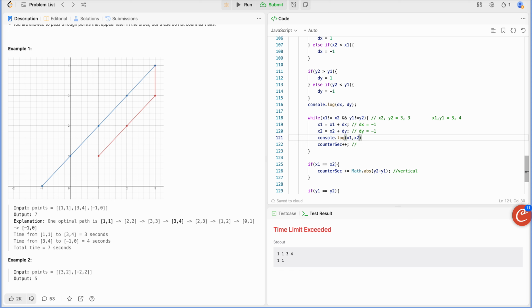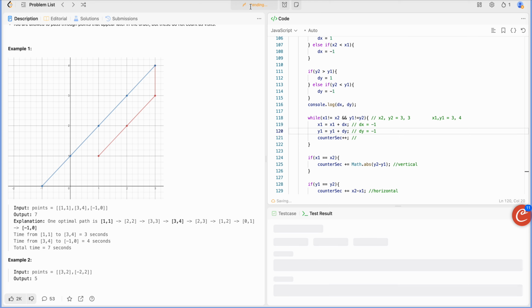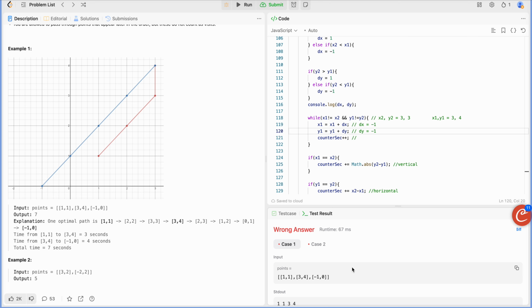Oh, what am I doing here? But still it didn't work, because 1, 1, 1, 3, 4.